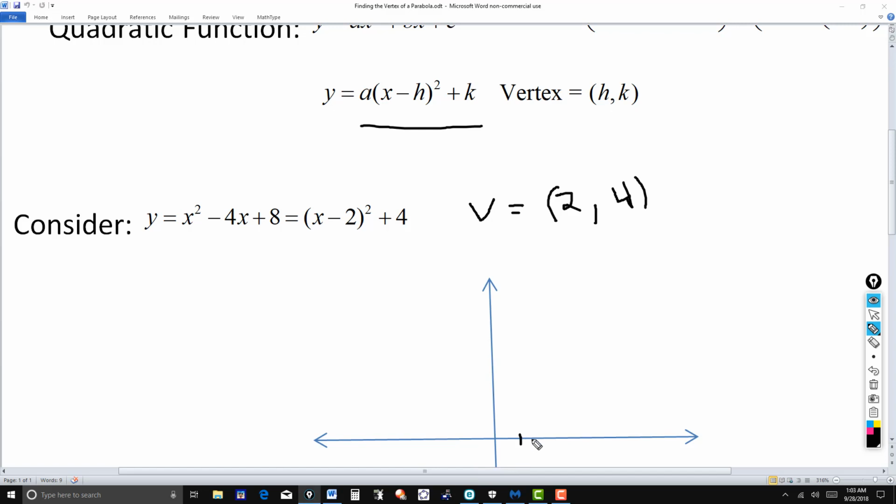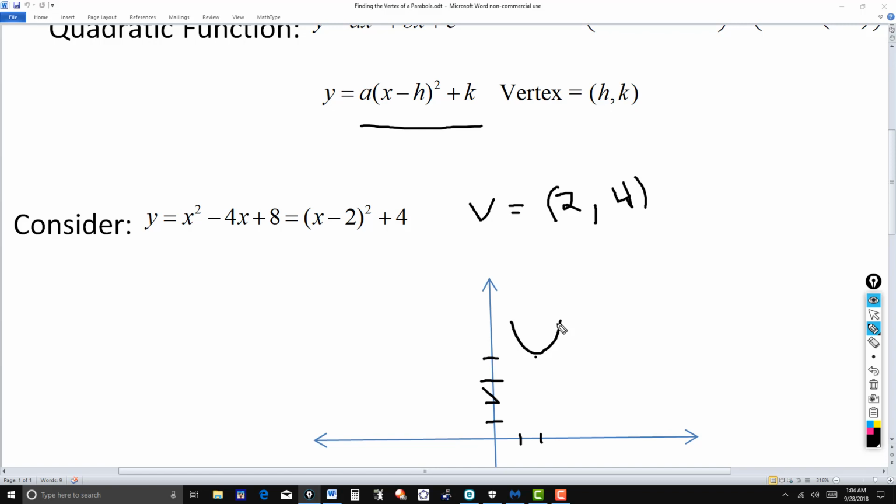We go 2 units this way, 4 units up, plot the vertex, and then the coefficient of the square term here is positive 1, over here is positive 1. It opens up. So the graph is going to go something like that.